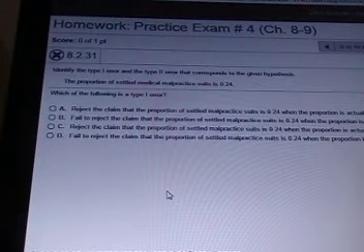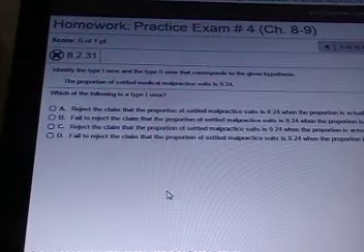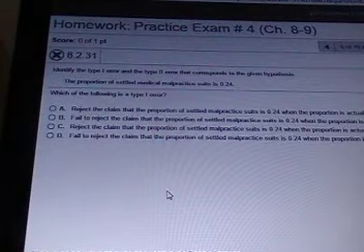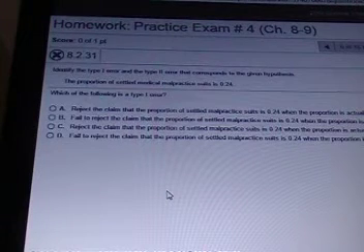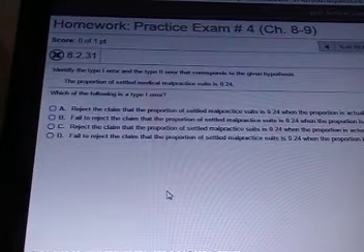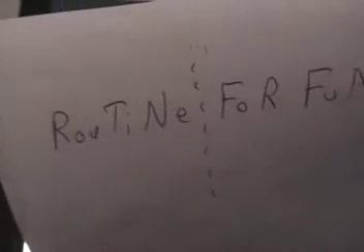This textbook has a nice way to remember this, and I'll write it down here. There's a little phrase you can say to yourself that helps you remember these two types of error. It's called routine for fun.